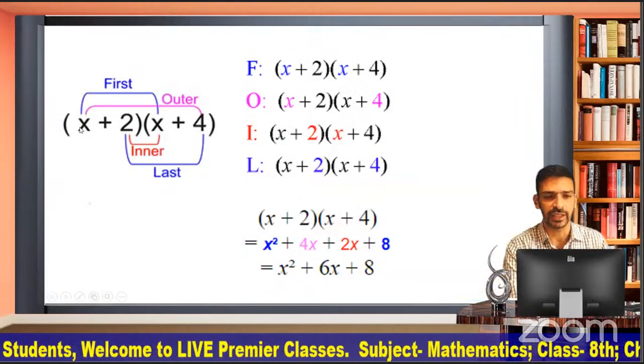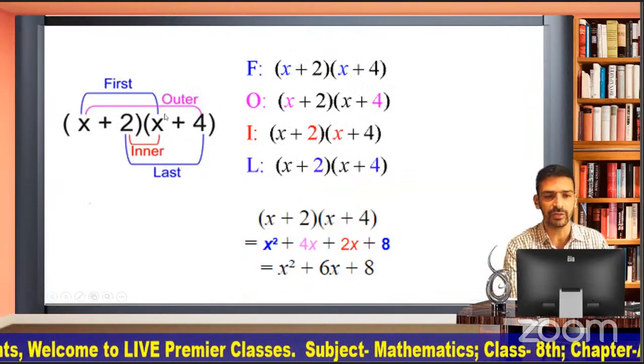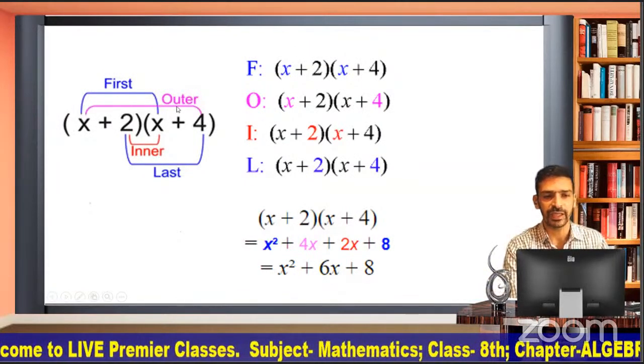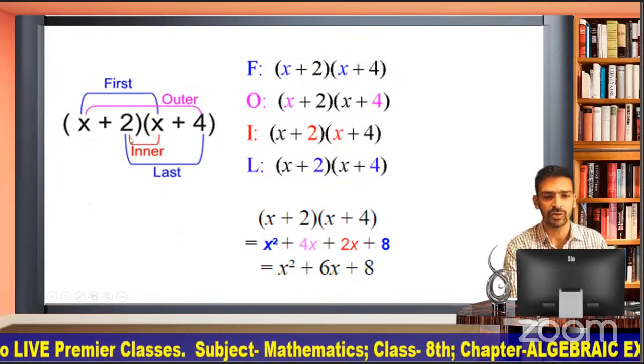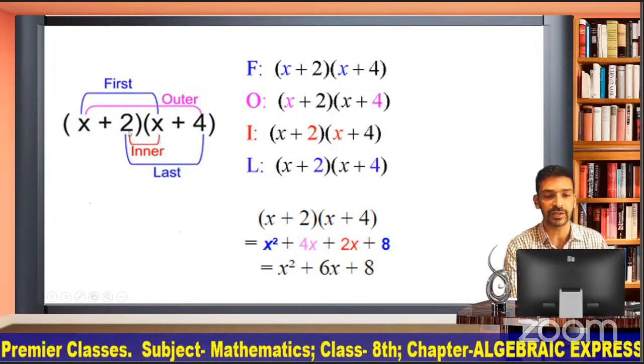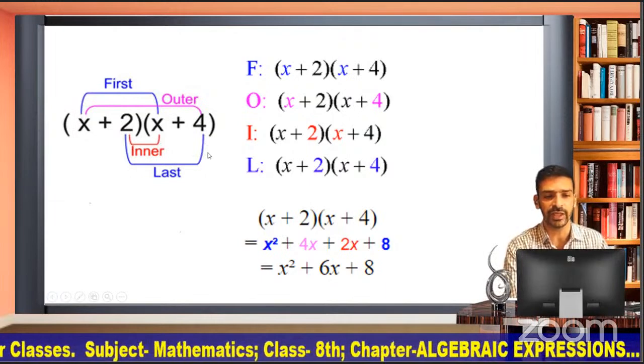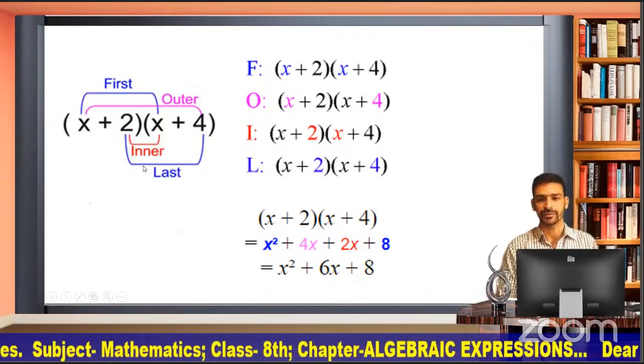यहाँ आप इधर देख रहे हैं, these are first terms shown in blue, shown with pink are the outer terms, shown with red here are inner terms, and with again blue here we have last terms.